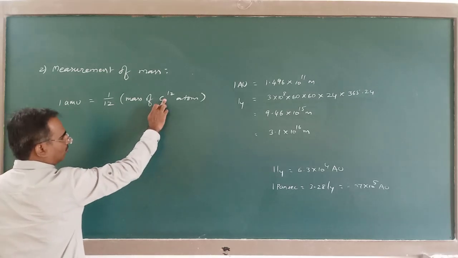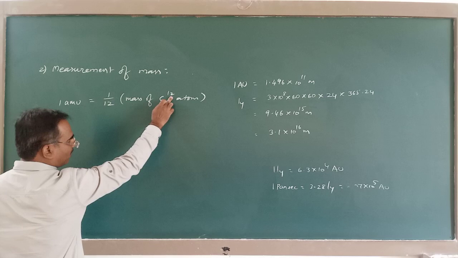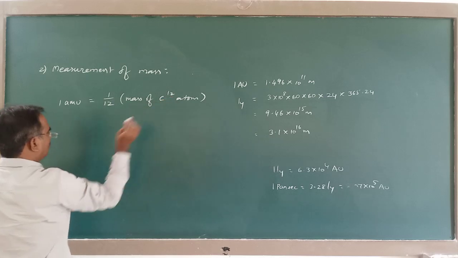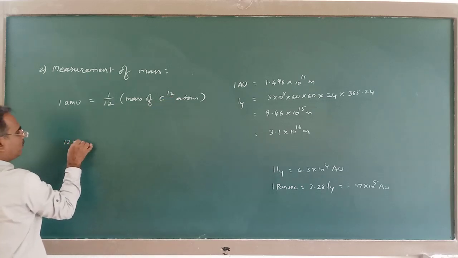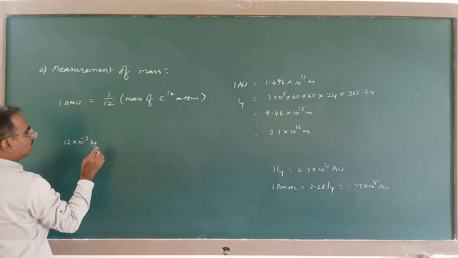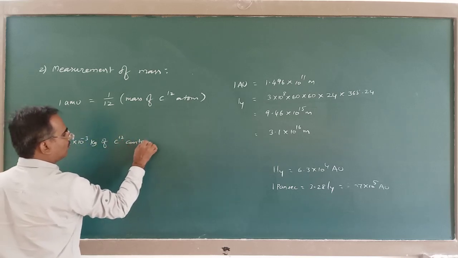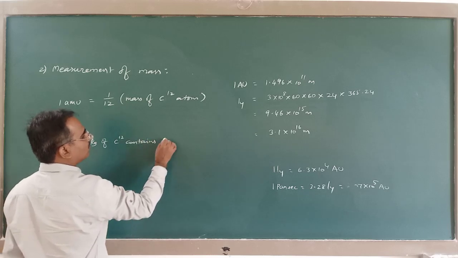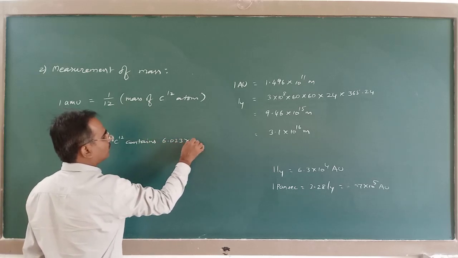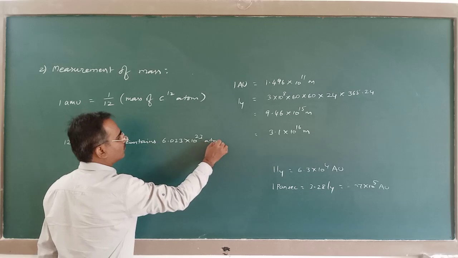So carbon 12 means 12 grams, 12 into 10 to the power of minus 3 kg of C12 contains Avogadro number of atoms.